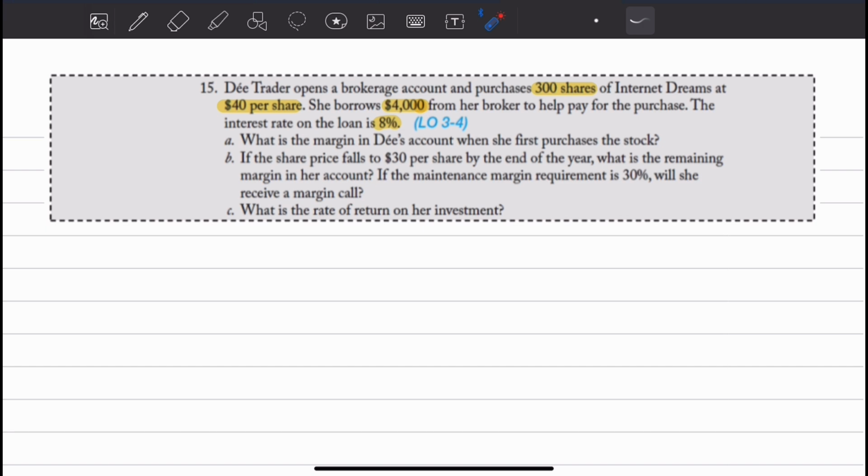Now remember that the margin here refers to the percentage of equity, which is the money that D had contributed to the brokerage account, from the total value of that account, right?